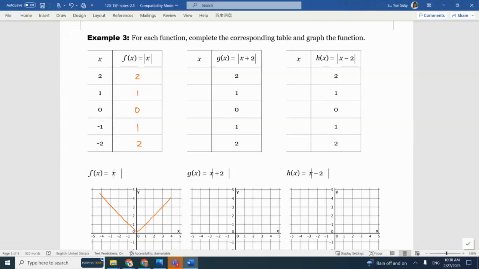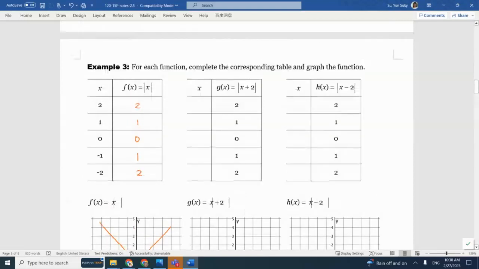Therefore, compared to the original function, the y value remains the same. We need to figure out what is the x value. If we are given the x value and we want to find f of x, we just plug in x equals that number.